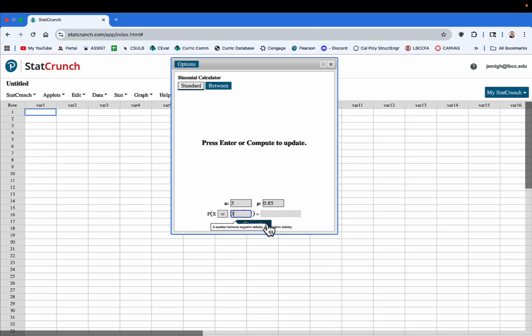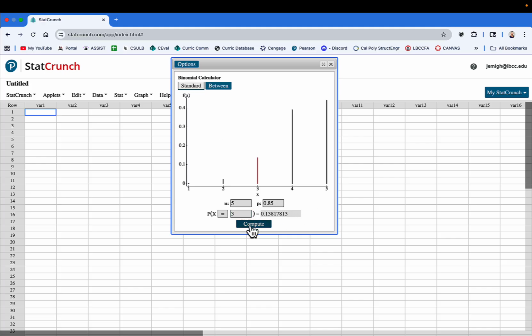When we hit compute, the probability will populate in this cell right here. We're not really using the graph for this, you guys. We're using what populates right here in this cell. So we hit compute, and it turns out the probability of randomly selecting 5 adults and exactly 3 of them knowing what Twitter is, is 0.1381.